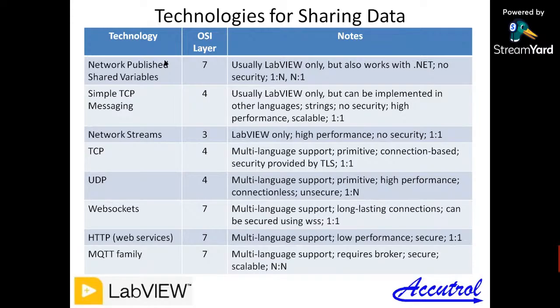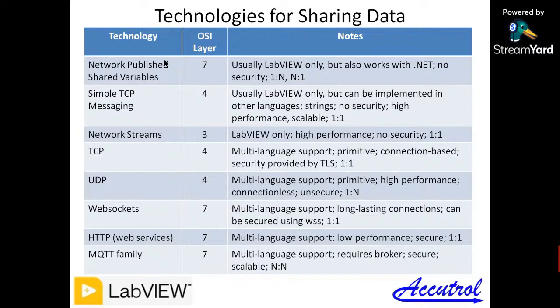on who can do what to whom. There's a thing called simple TCP messaging, and I will let you know which ones of these I've used and which ones I haven't. I have used network published shared variables to share data between a CREO and LabVIEW running on a desktop computer. I have not even heard of simple TCP messaging. It is a LabVIEW tool.